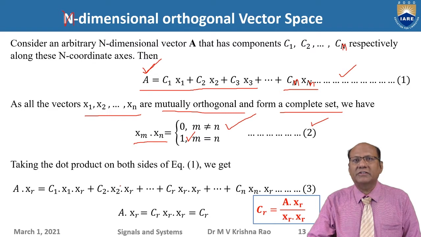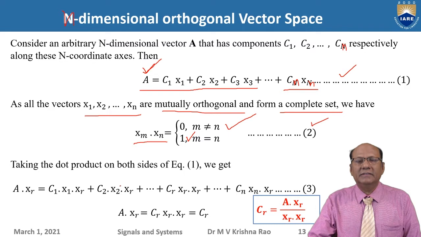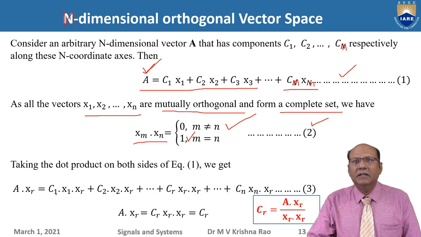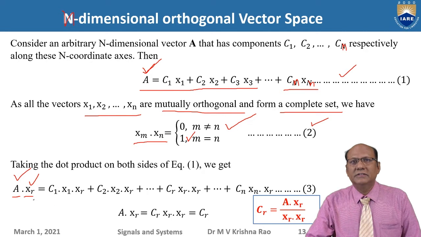There are 1, 2, 3, up to n axes, and I am randomly taking some axis in the middle, that is the rth axis. The unit vector along the rth axis is xr. So I am taking the dot product of the given arbitrary vector with the unit vector along the rth axis. This is the left hand side.